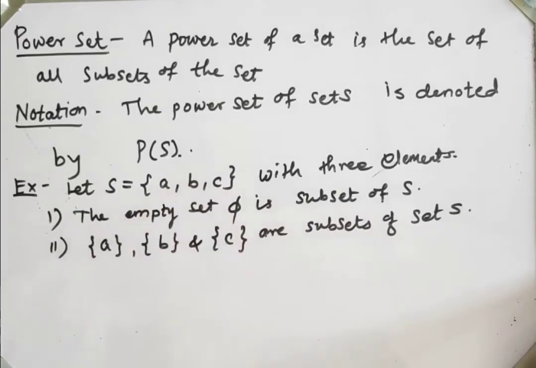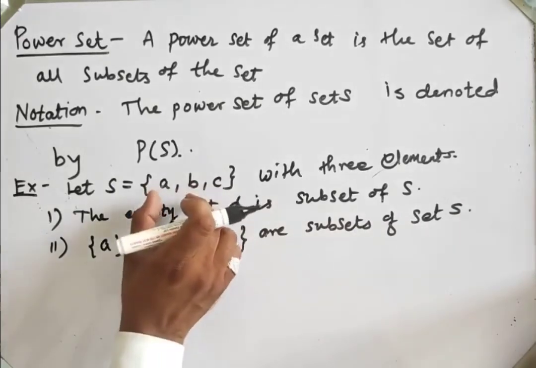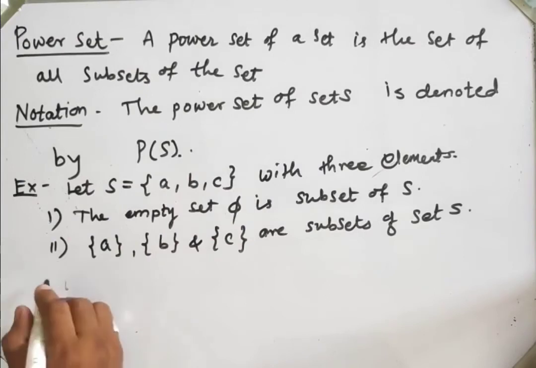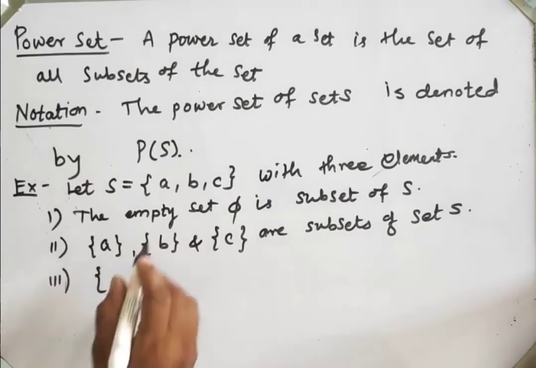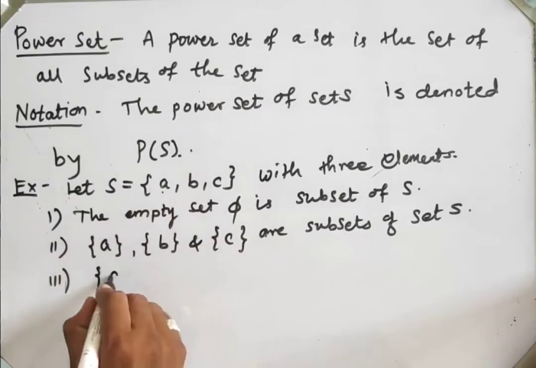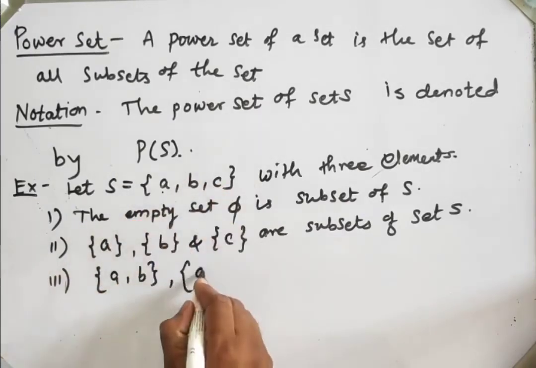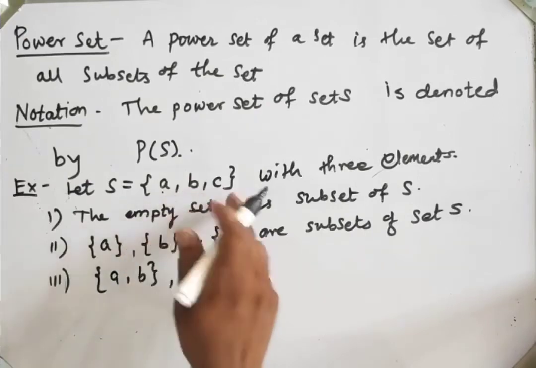Now we will take pairwise elements. Suppose, third one, I will take pairwise. Suppose I take AB, next AC, next BC.